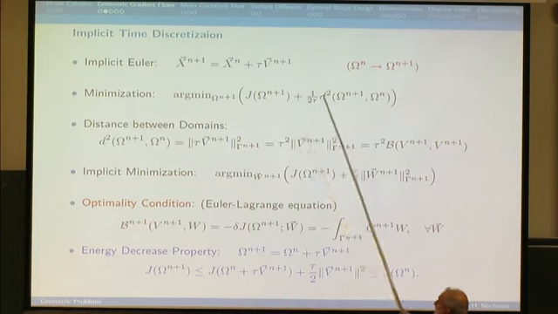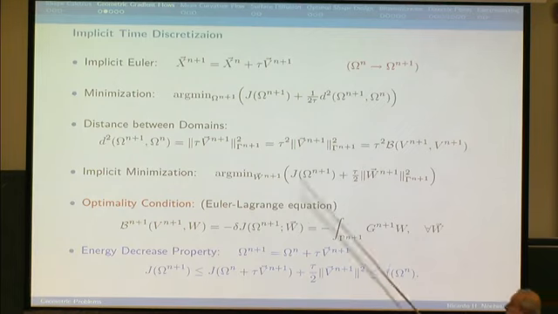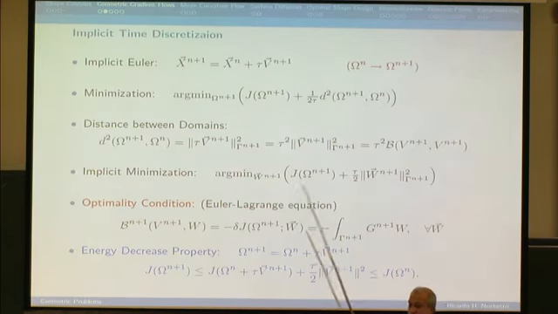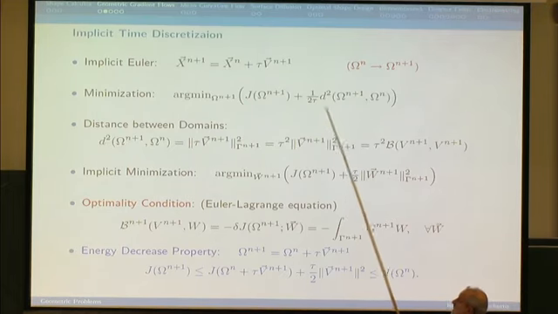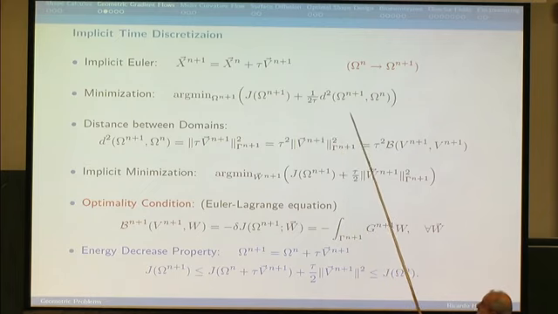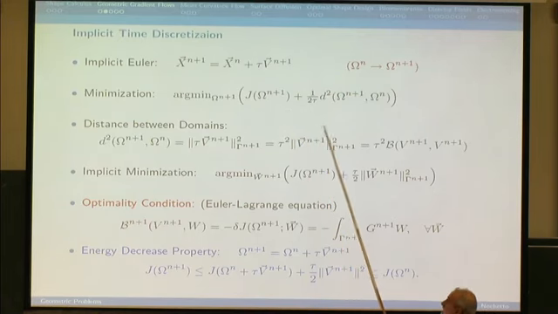And the penalization is 1 over 2 tau, where tau is a time step. This idea of minimization is an important idea that goes back to De Giorgi, who talked about minimizing movements, and it can be formulated in a very abstract sense, even in metric spaces. So here I'm doing it in this geometric setting. So what is the distance between the two domains?